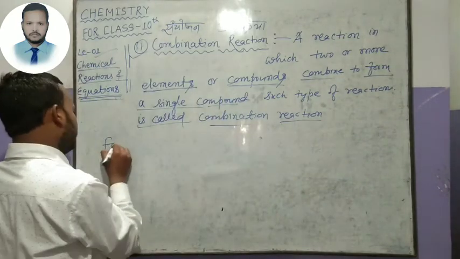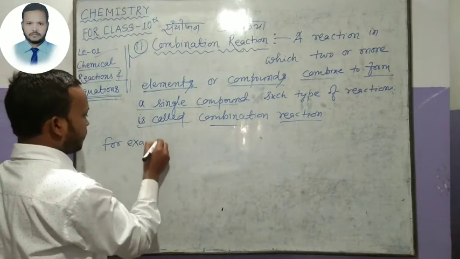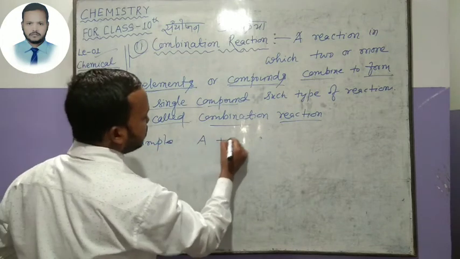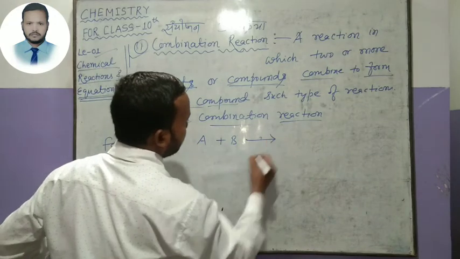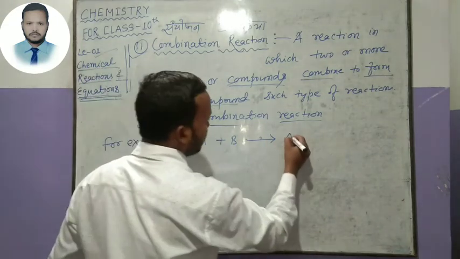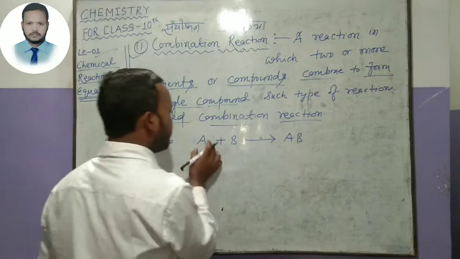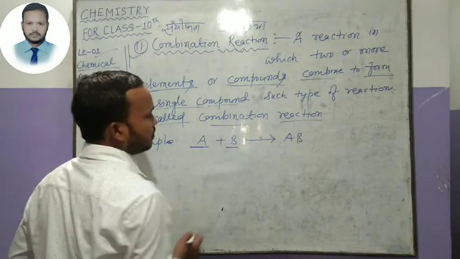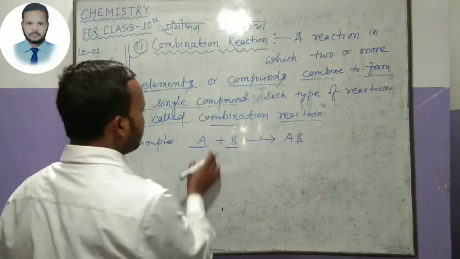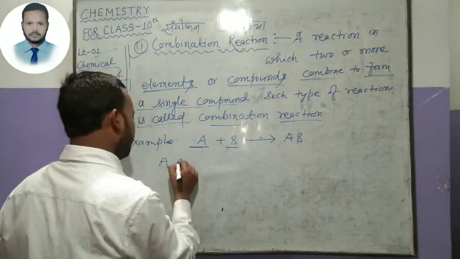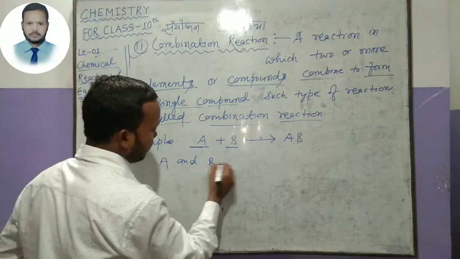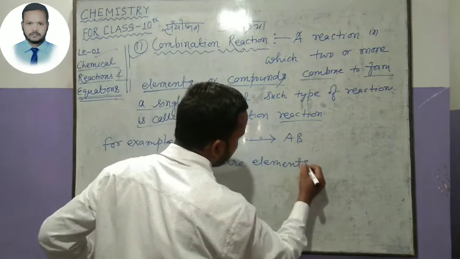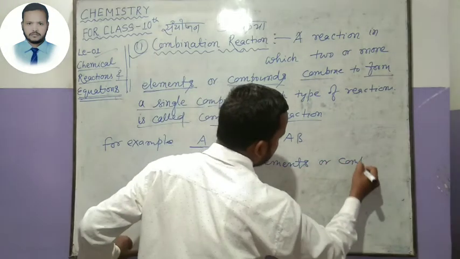For example, A plus B react to form AB. What are A and B here? A and B are elements or compounds.